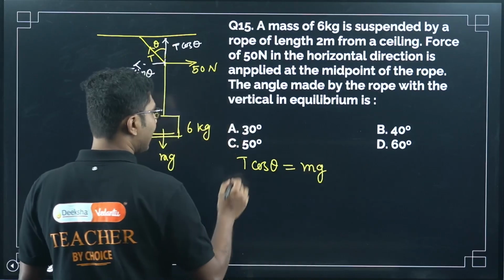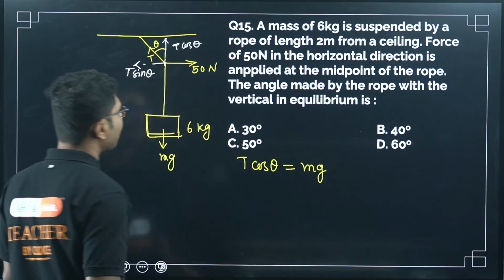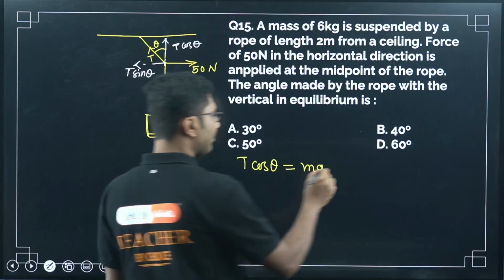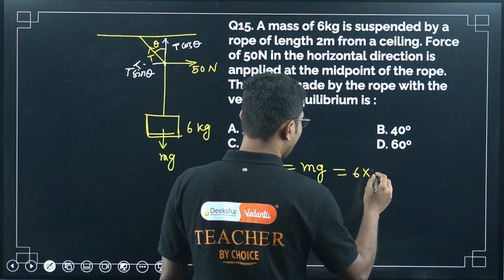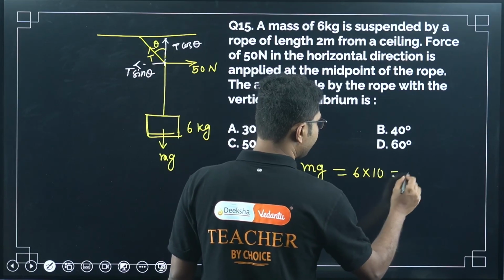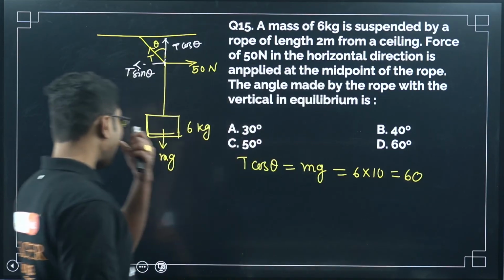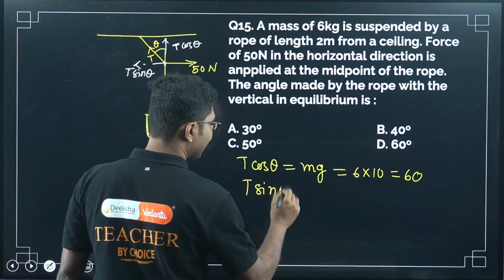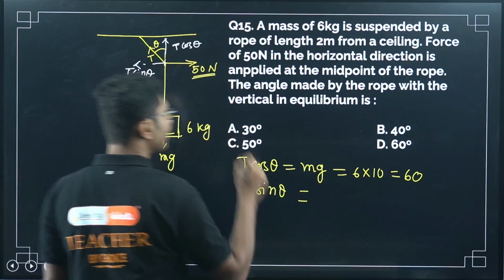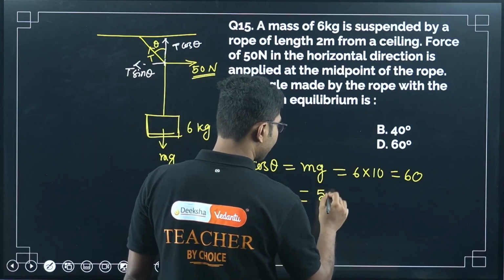What is mg? You can put m equals 6 kg, g equals 10, so it will be 60. And what is T sin theta? T sin theta has to balance this force of 50 Newton, so it will be equal to 50.